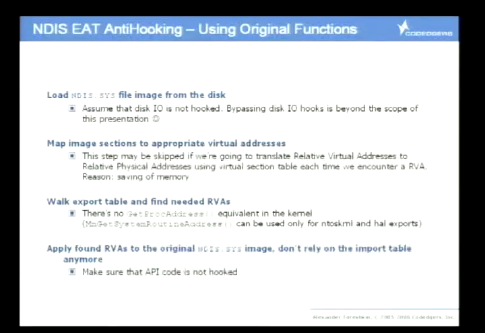Then we just walk its export table to find all needed relative virtual addresses and apply the found RVAs to the original NDIS image. And then the rootkit may call functions directed by a pointer and not relying on any import table anymore, because the import table is hooked.